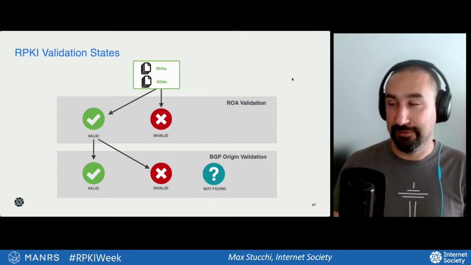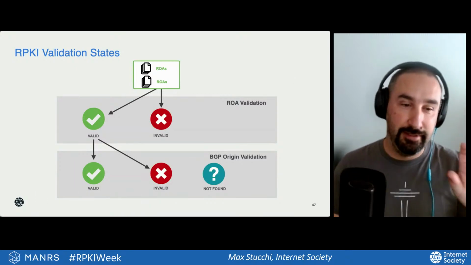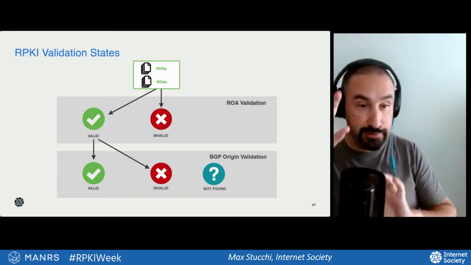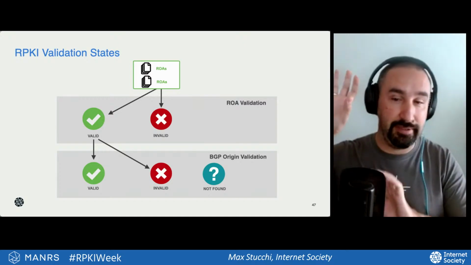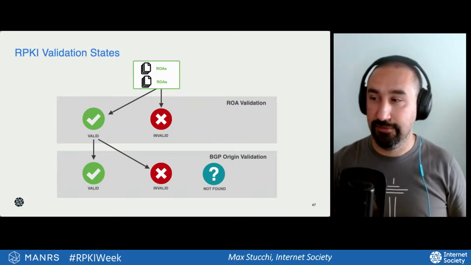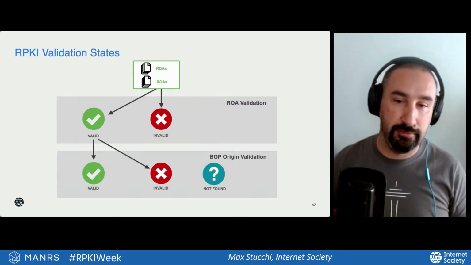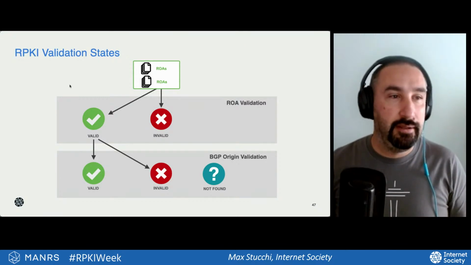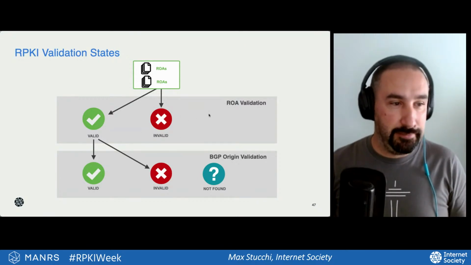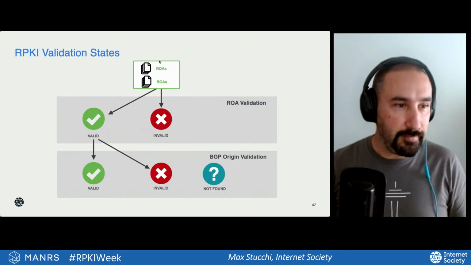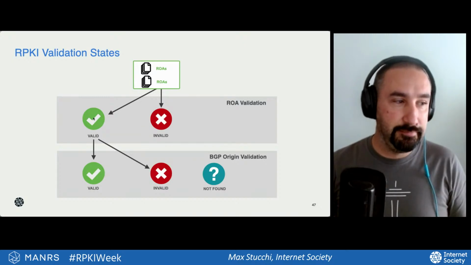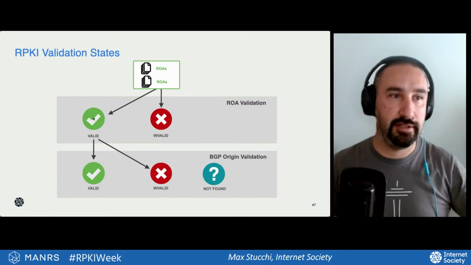What are the states for validation? I mentioned it already, there are 2 separate parts we have to consider, 2 separate validations. One is about the ROAs and one is about BGP. So if we look at ROAs, ROAs can be valid. As I said, they fulfill the chain of trust.